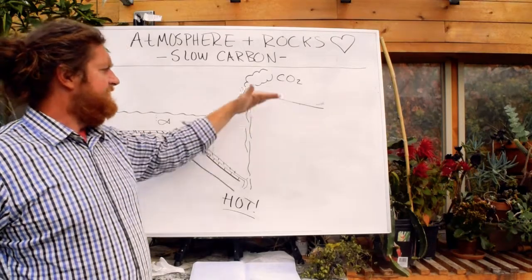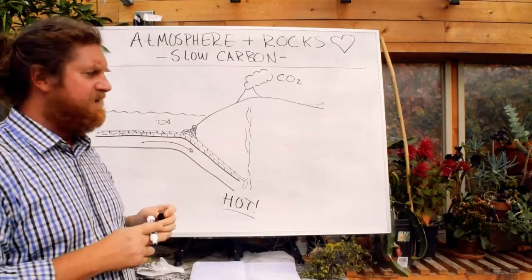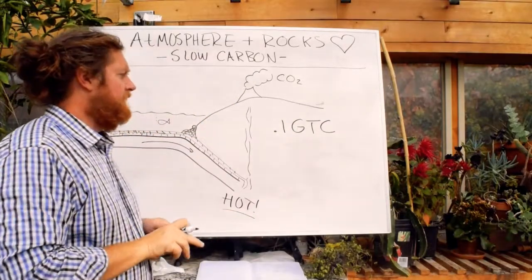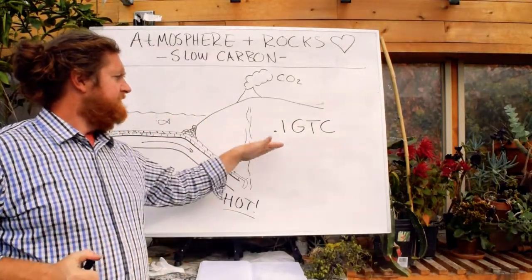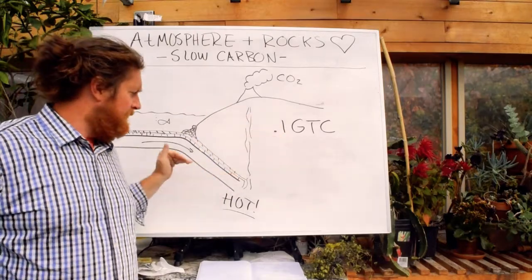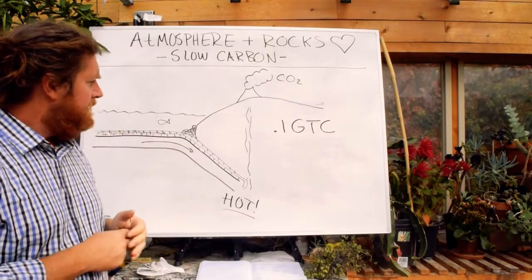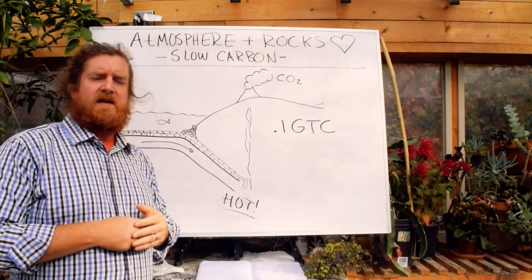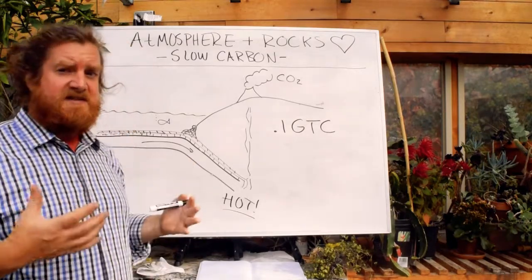So this is, again, the return, and using this big number that we've said over and over, about 1/10 of a gigaton of carbon, right? So 0.1. So it's important. And it really is, again, the slow carbon cycle. Now, this number isn't really something that can change on the human time scale, but it does change.